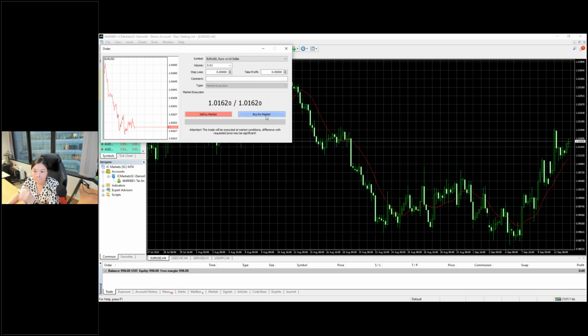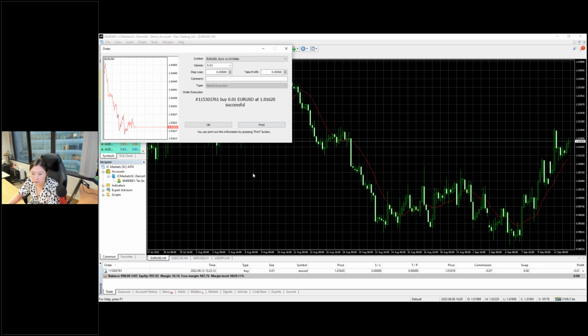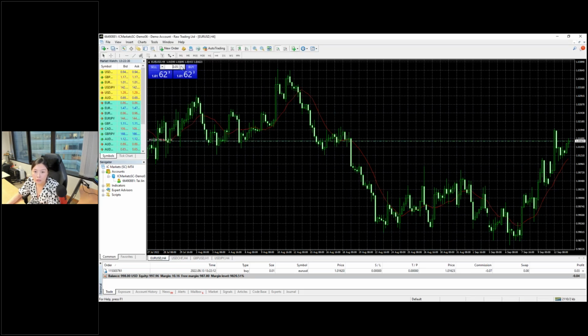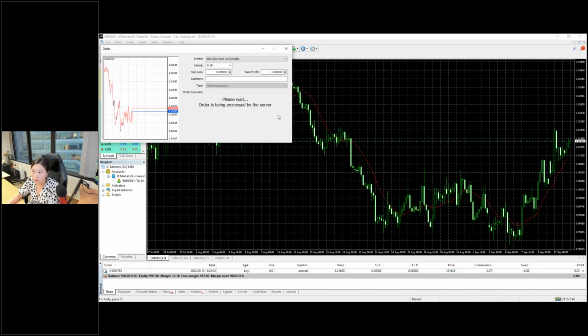I buy. So I bought here, versus a 0.01 lot versus a 0.1 lot.